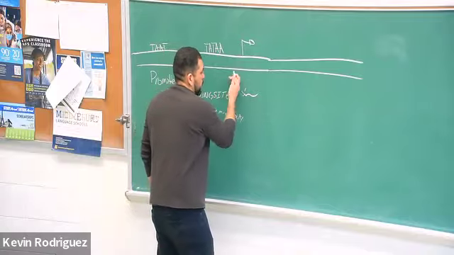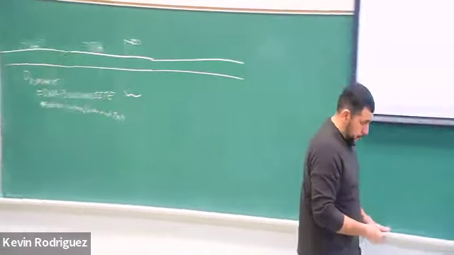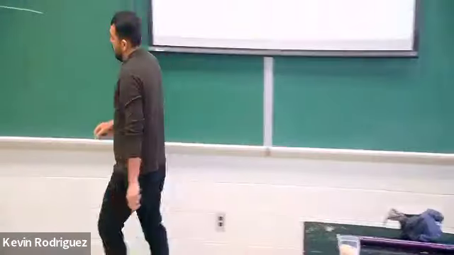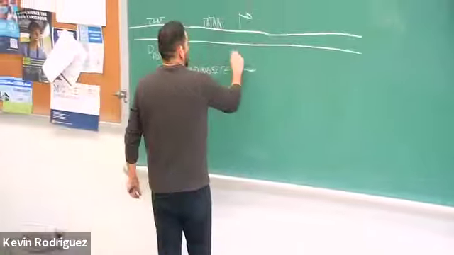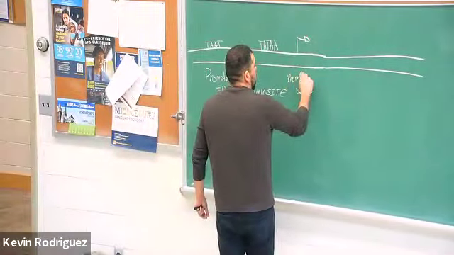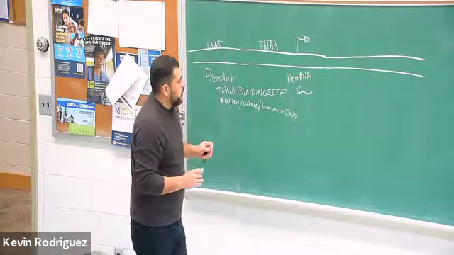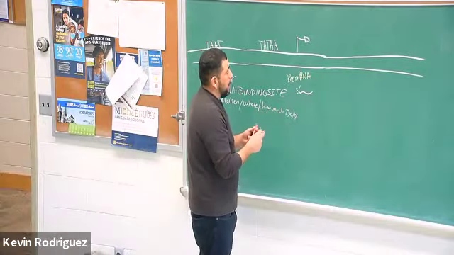We'll call this a pre-mRNA, right? It's not mature. It still has the introns, and you can just splice those out.